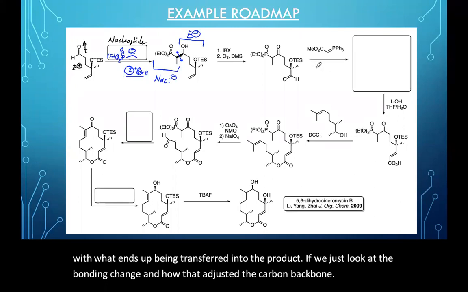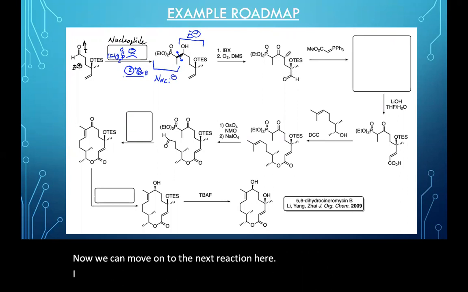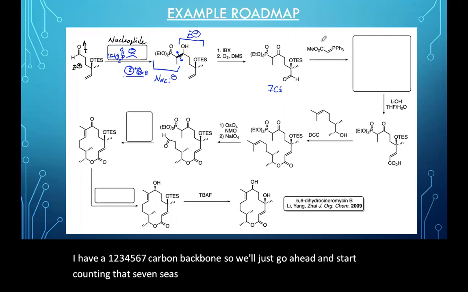Now we can move on to the next reaction. Here, I have a 1, 2, 3, 4, 5, 6, 7 carbon backbone. So we'll just go ahead and start counting that, 7 Cs. And then I've got 1, 2 Cs in this.